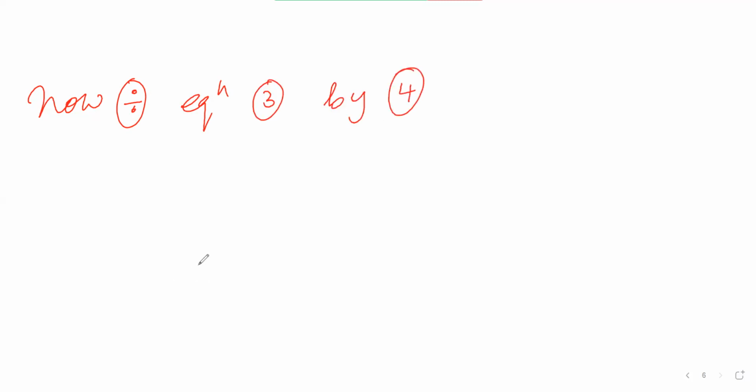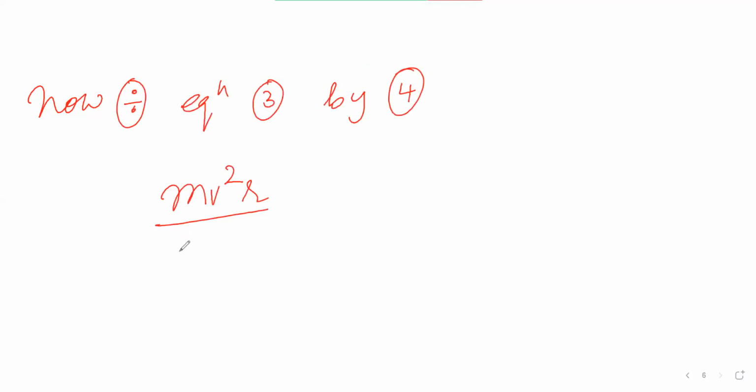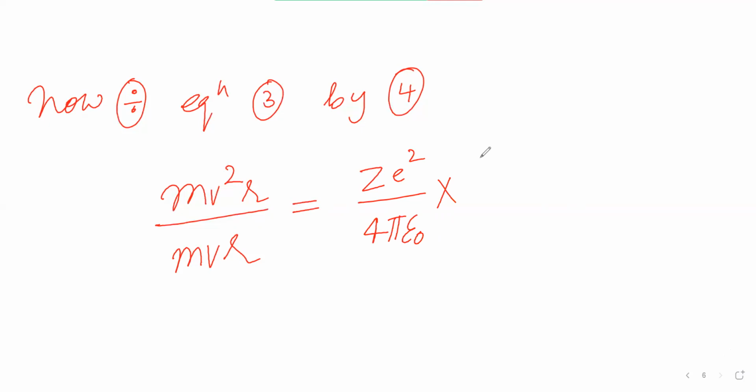Equation 3 is mv square by r, divided by mvr, which is equal to Ze square divided by 4 pi epsilon naught into, it will become reciprocal here, 2 pi divided by nh.